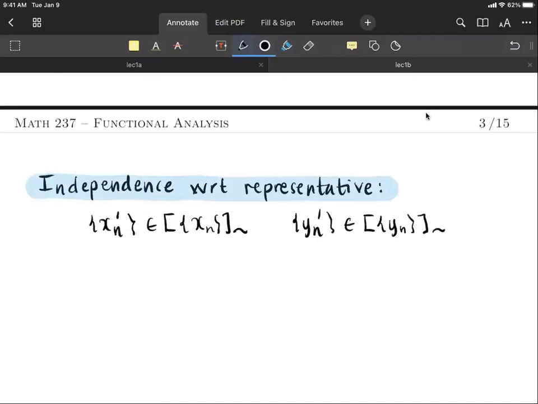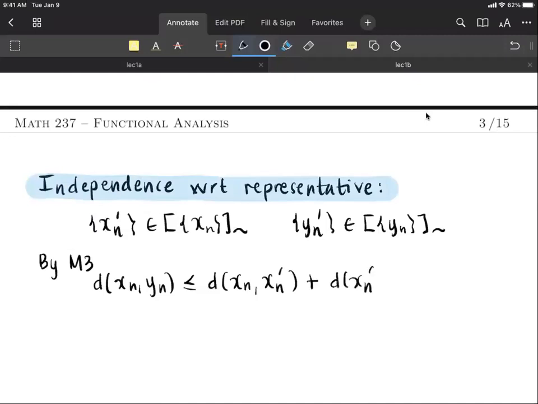Then if we apply the triangle inequality M3 and do a similar process as before, we introduce intermediate points. Here we put xn prime and compare the distance between xn prime and yn prime. Then you'll have the distance between yn prime and yn.